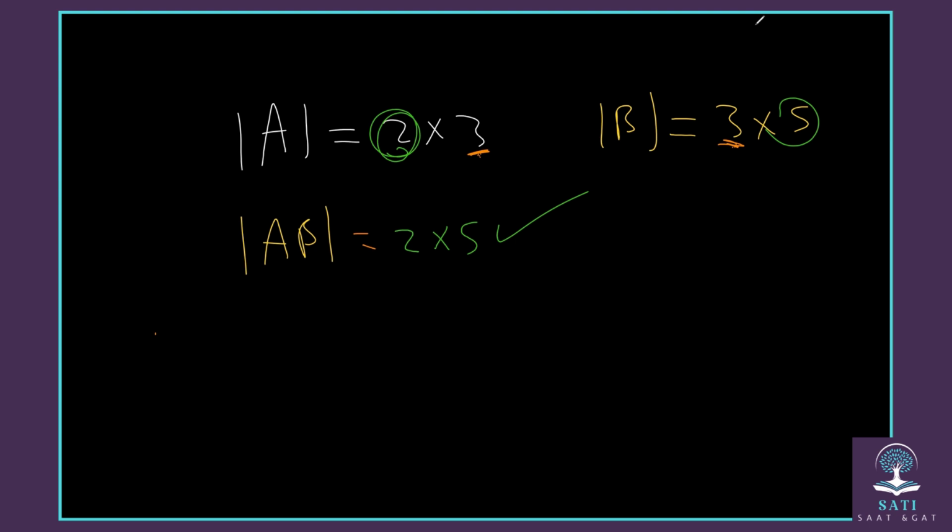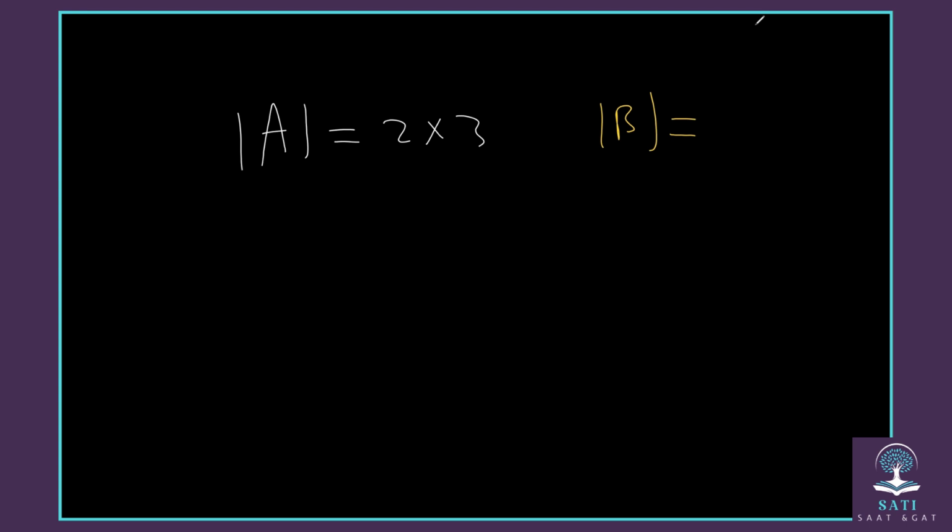Another question. The order of matrix A is 2 times 3, and matrix B is X times M. And I give you the order of AB, that means when you multiply them, the order of A times B will be 2 times 8.